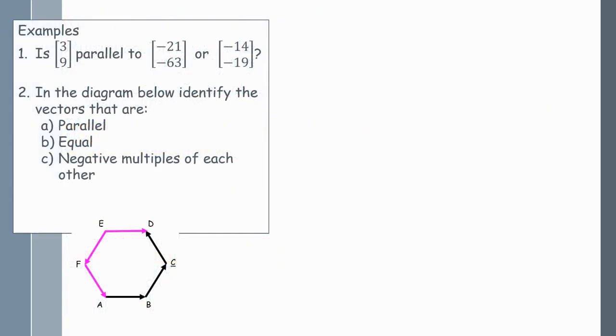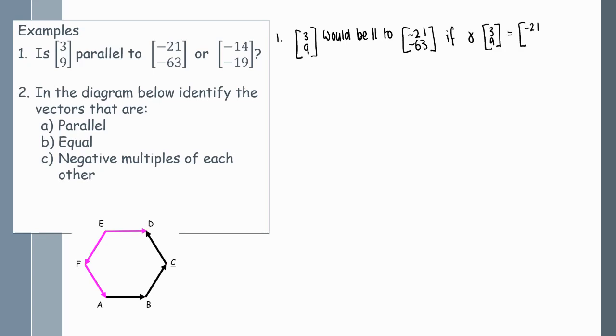Let's try some examples. Is the vector 3, 9 parallel to minus 21, minus 63? The only way 3, 9 would be parallel to this vector is if I could multiply 3, 9 by a scalar, and that would equal minus 21, minus 63. So all we do is solve this equation for our scalar.